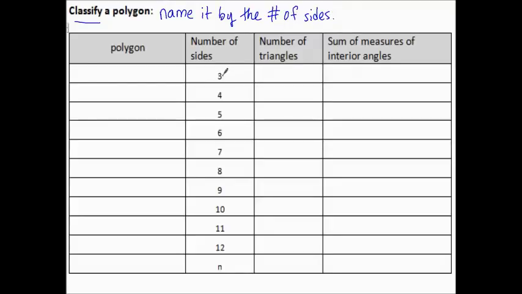For example, 3 sides, we know that type of polygon is called a triangle. Please list the others and memorize those names.